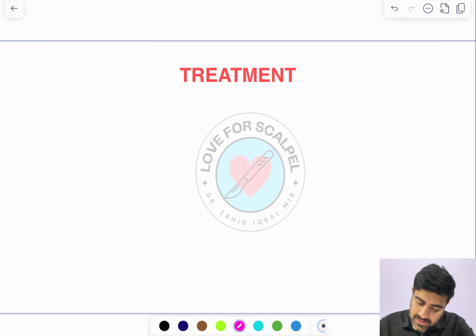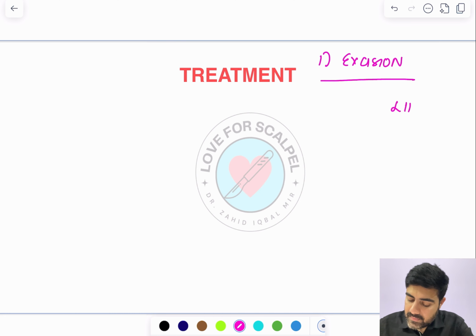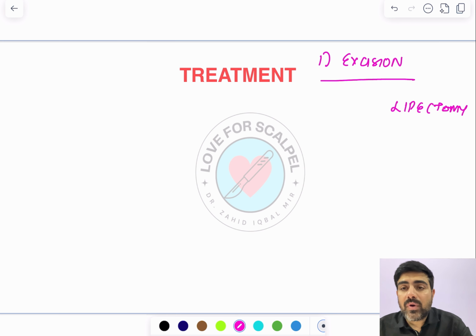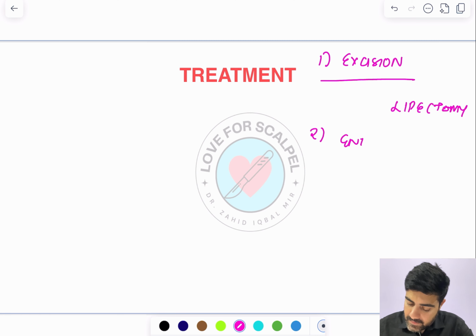So the first thing in treatment is excision, also called lipectomy. When you remove it along with the capsule, this is known as excision of lipoma. Then the second thing is enucleation. When the capsule is kept there, this is enucleation.